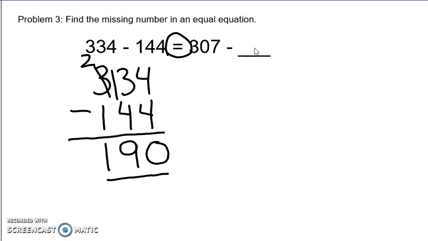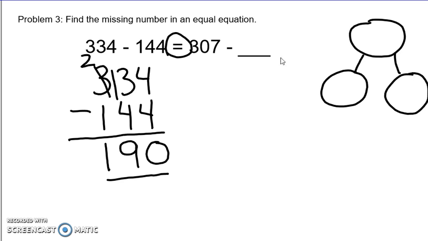Now I need to figure out the missing number to make this side also equal 190. It's helpful when you're missing a number to draw a number bond to see what you need to do in order to find that missing number. So I'm going to draw my number bonds. I'm going to look at my problem. Here I'm subtracting. When I subtract, I know that the first number is my whole.